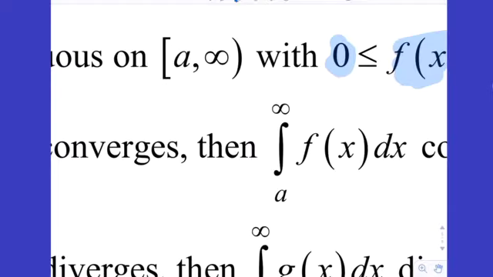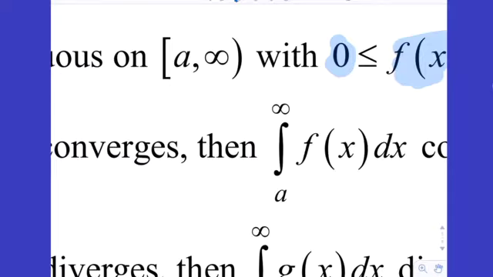If we have a certain function that goes to the x-axis fast enough, and therefore converges, then any function that is smaller than it, let's just think about values. If you have some function that goes to something finite, then anything smaller than it should be what? Finite or infinite? Yeah, you're not going to have something smaller than finite be infinite, right?